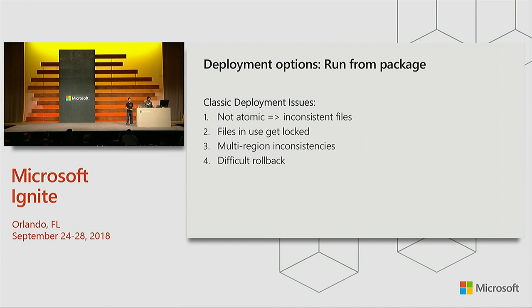And lastly, even after you deploy, if you deploy some bad code and want to go back to another version, it's hard to do. So for all of those, what we've done is invest in functionality where we can run your code from a package, which is a zip file. That zip file can be hosted in Azure Storage, external to your app, or you can add it inside of your app. And I'm actually going to demo that so people can see it in action.